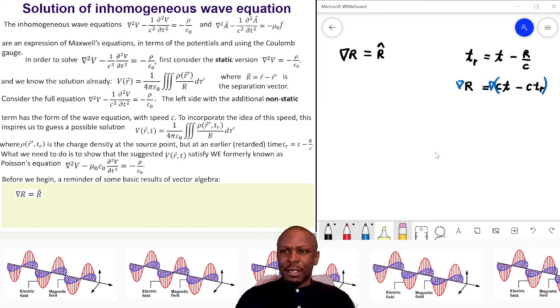The gradient of R, therefore, is nothing else but this: because this one is just going to be 0, this is just going to be minus c times the gradient of t_r.